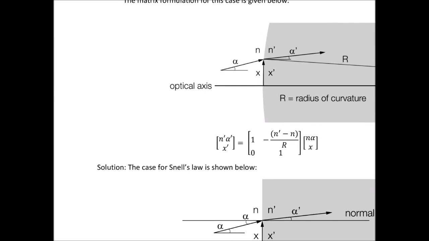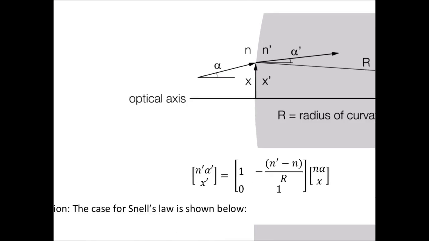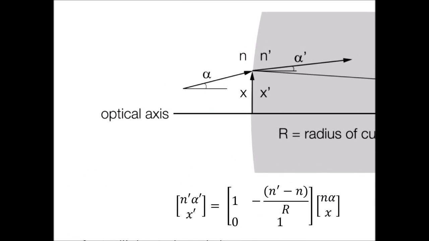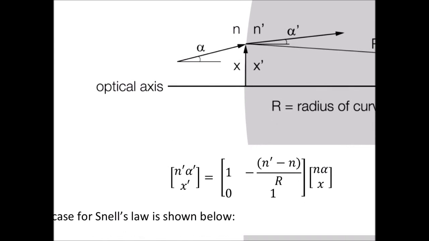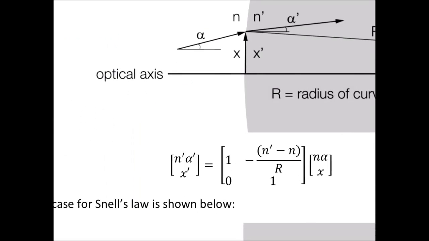So this is the matrix formulation. The output is inside the spherical surface, so that's n prime, alpha prime and x prime, equals the matrix times the input, that's n, alpha and x. And the matrix itself is again the case for refraction at a spherical interface. So 1, 0, 1, and that complicated second term on the first row.